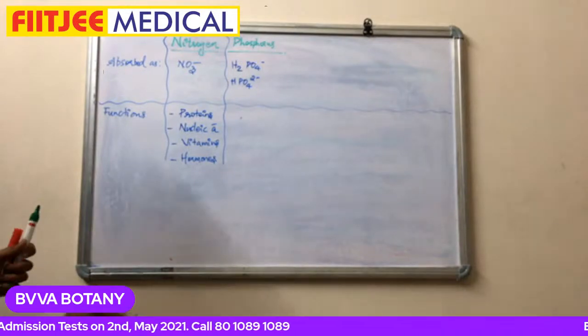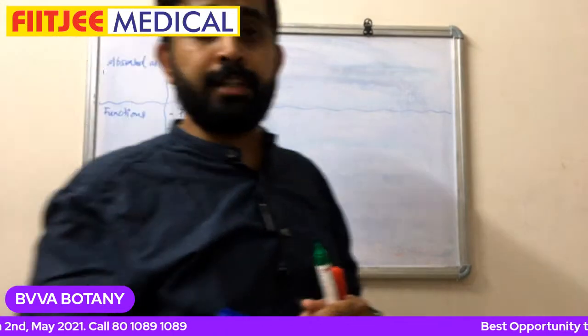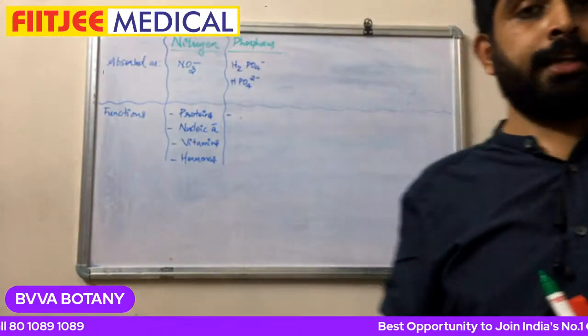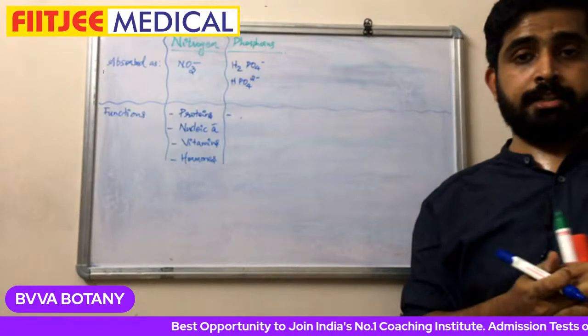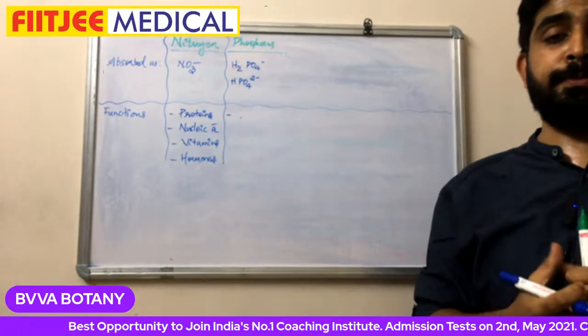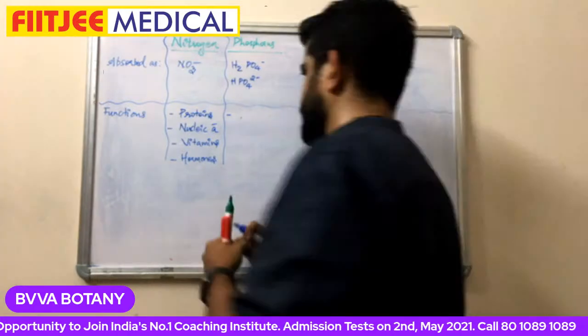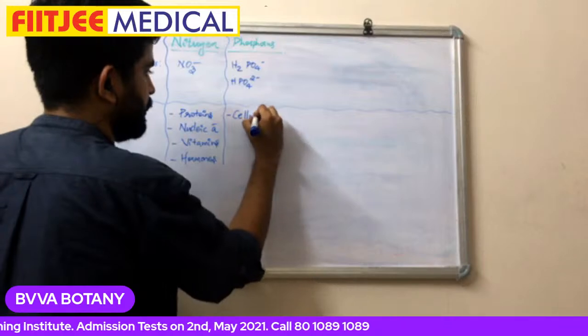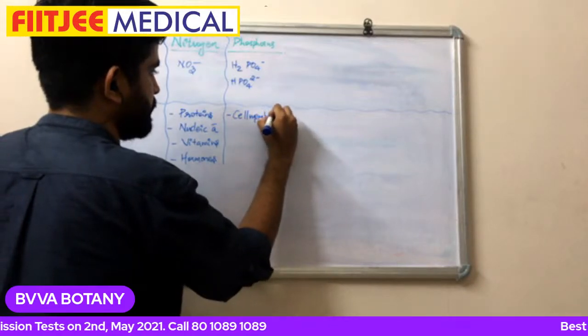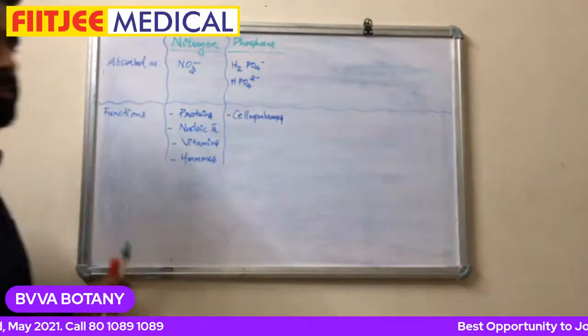And phosphorus is a part of what? The cell membrane. In the cell chapter you will study the phospholipid layers, where phosphate is also a part of that. So we can say it is a part of the cell membrane.